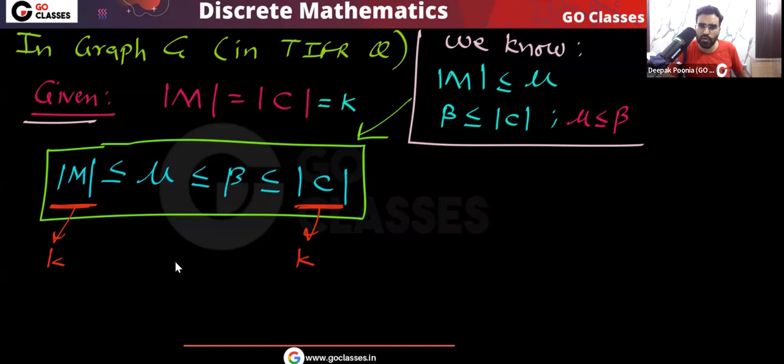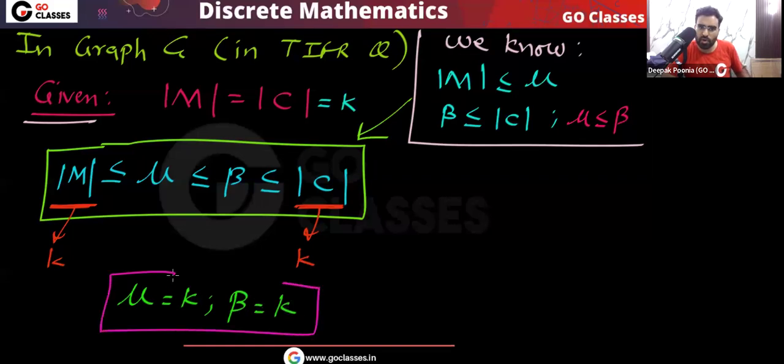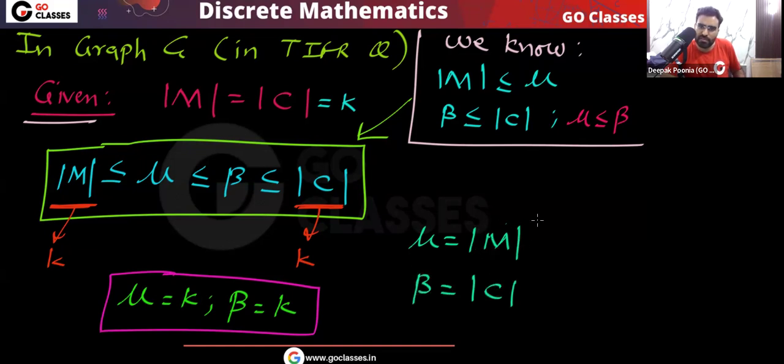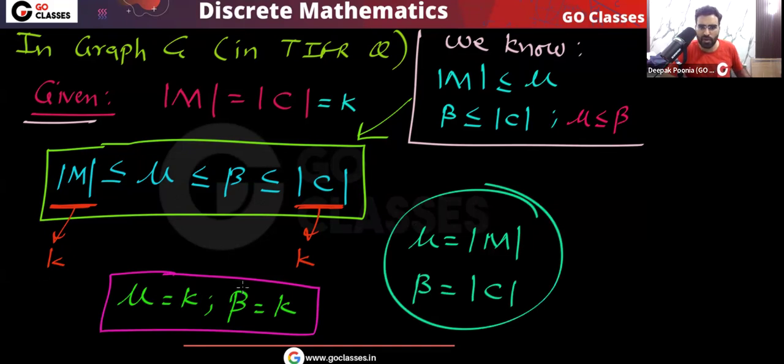Then finally, what is mu? What is beta? That also will be K. You can see beta is less than equal to K and greater than equal to K. So definitely beta is K, and mu is also K. So I can say that mu is actually equal to the size of M, and beta is actually equal to the size of C. This is what we found.